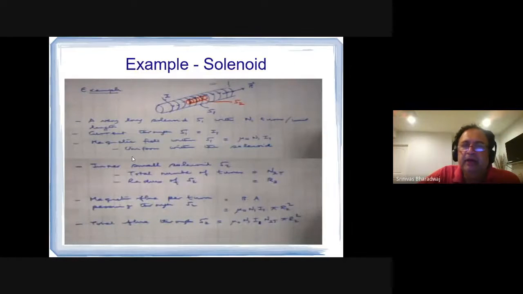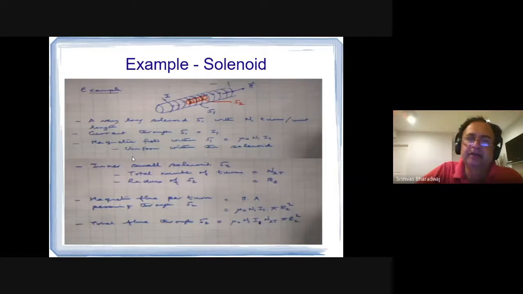You use what is called Ampere's law with respect to the solenoid: the magnetic field within the solenoid is mu naught N1 times I1. N1 is the number of turns per unit length. So the magnetic field within S1 is mu naught times N1 times I1, and B times A is the area.